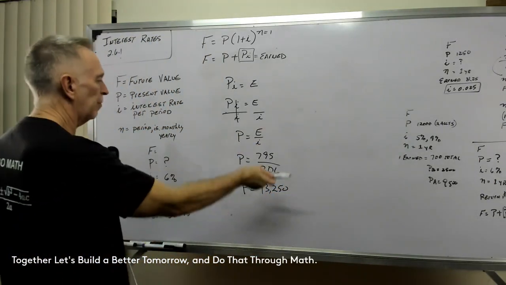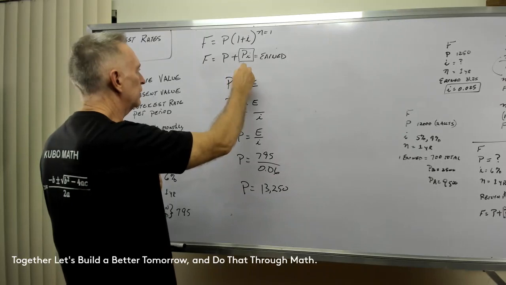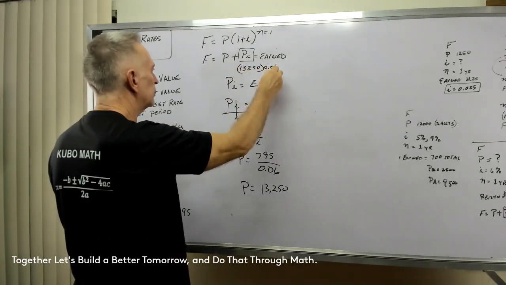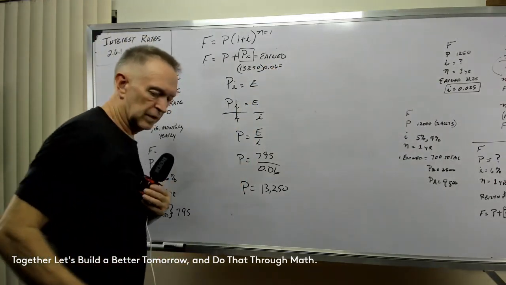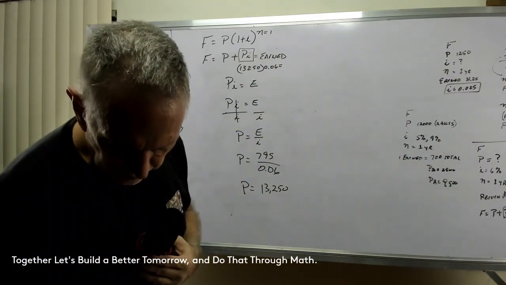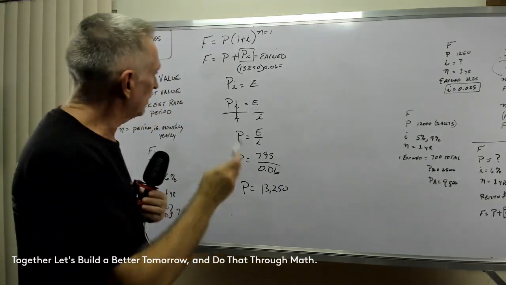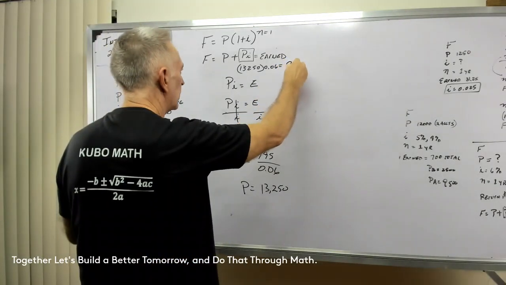So if you go back here and you said 13,250 times 0.06, let me just do that, 13,250 times 0.06, you should get 795, and you do.